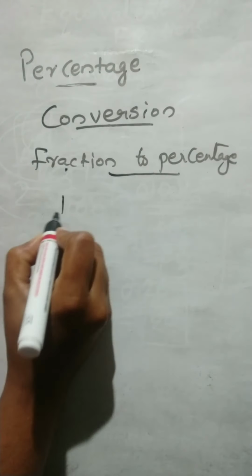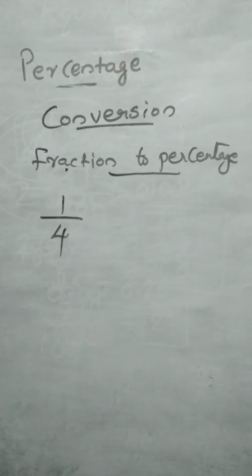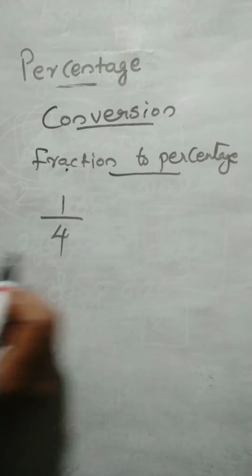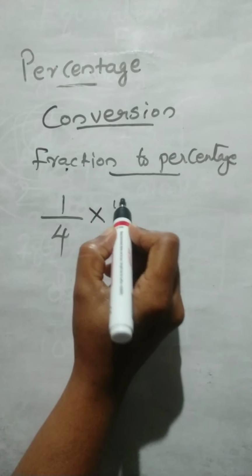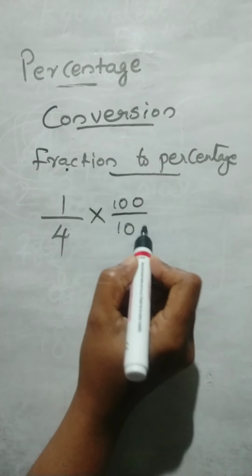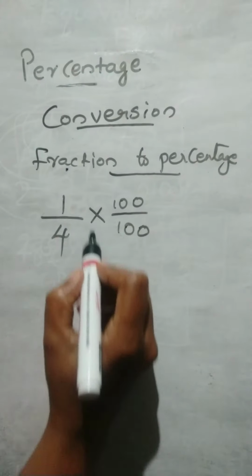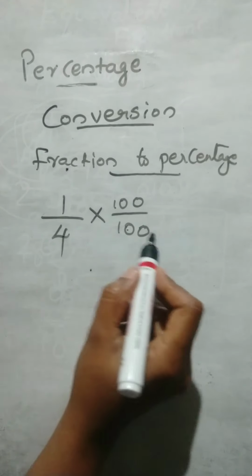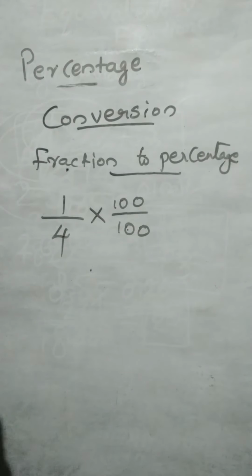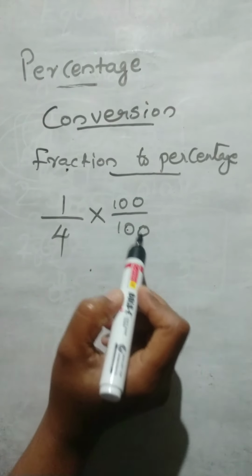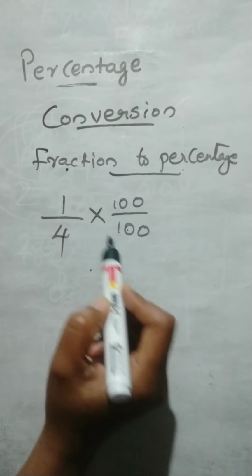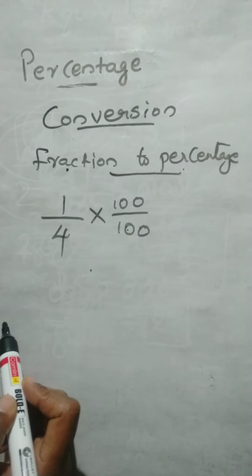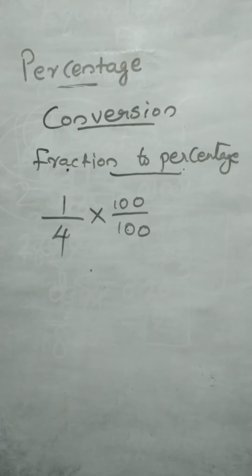Here, one example is 1 on 4. How can we convert this into percentage? Here, we can multiply both numerator and denominator by 100. That is 1 times 100, 100 itself. Then 4 times 100, 400. How can we do this? We know percentage is out of 100, per 100 how much we got.